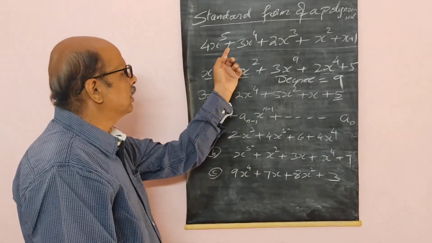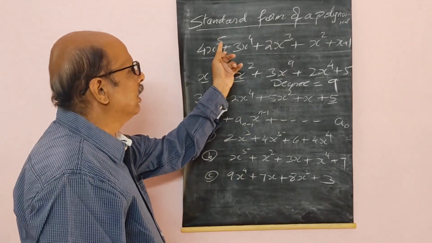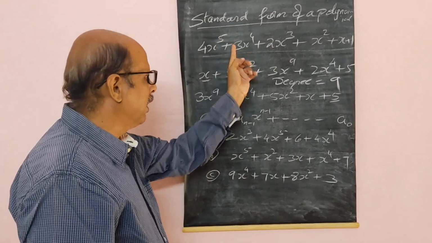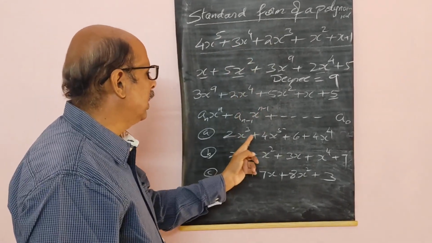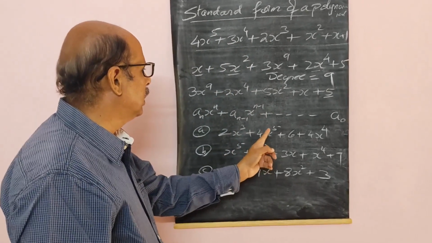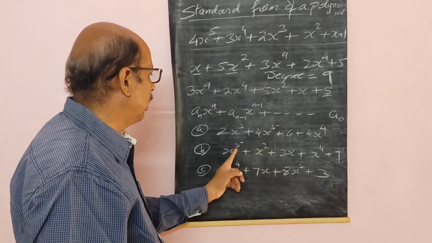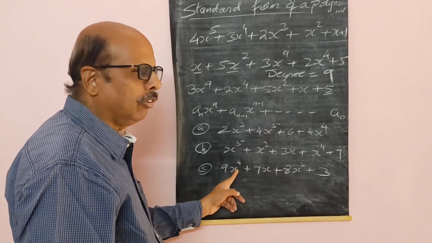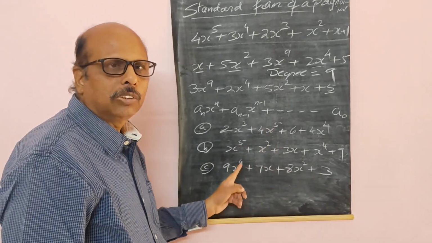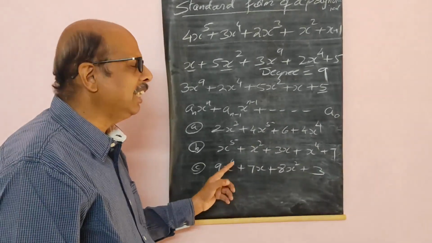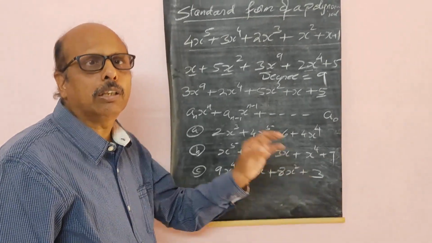See this expression. Highest power is 5, degree is 5. This one, highest power is 5, degree is 5. This one, highest power is 4, degree is 4. So degree is nothing but the highest power of the variable in the polynomial.